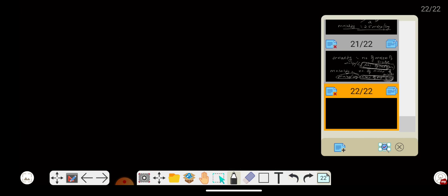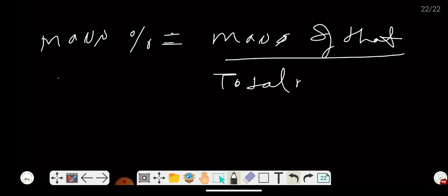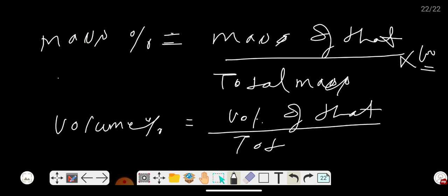Now what is mass percentage? Mass percentage is calculated as the mass of that component divided by the total mass, into 100. Now volume percentage, in a similar way, is the volume of that component divided by the total volume, into 100.